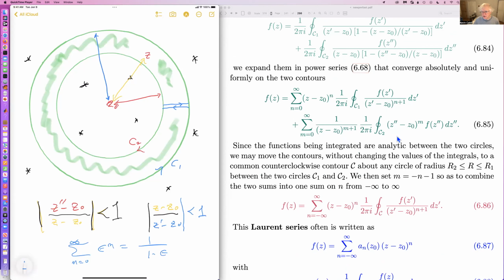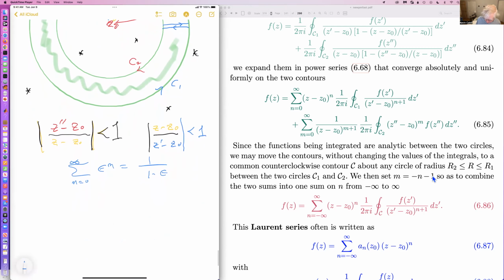And then what we can do is something that, frankly, every time I do it, I get a little bit confused. We're going to set m here as this integer variable going from 0 to infinity. We're going to set m equal to minus n minus 1, or equivalently, we're going to set n equal to minus m minus 1.